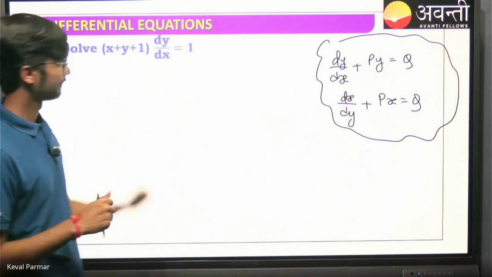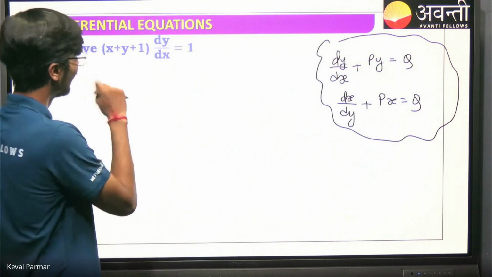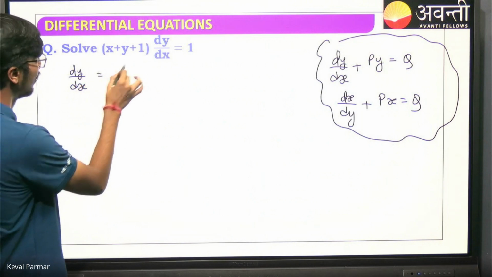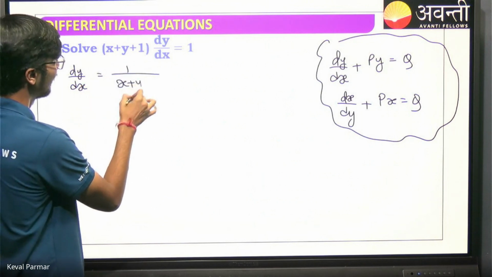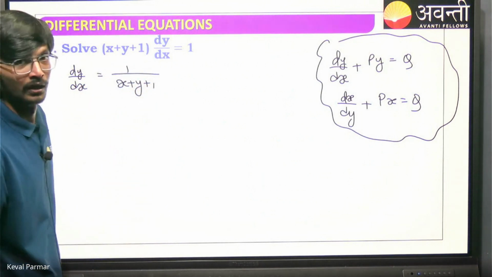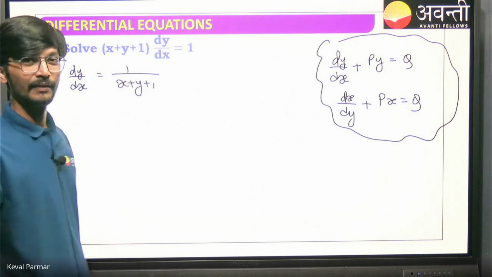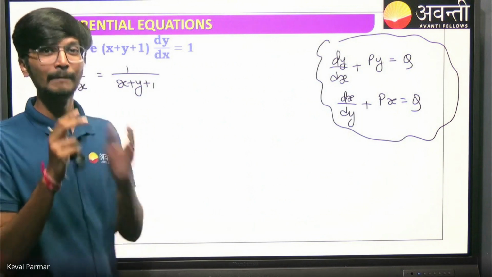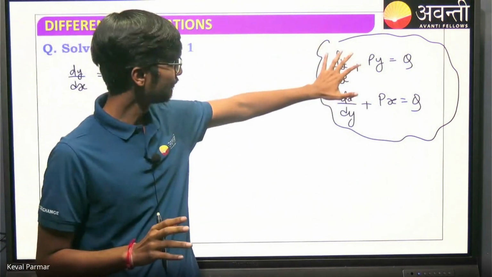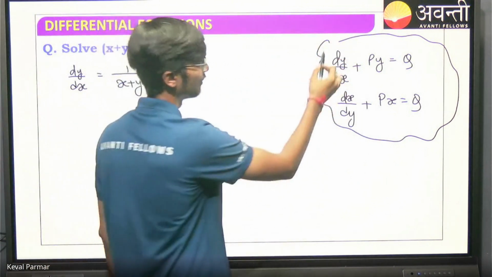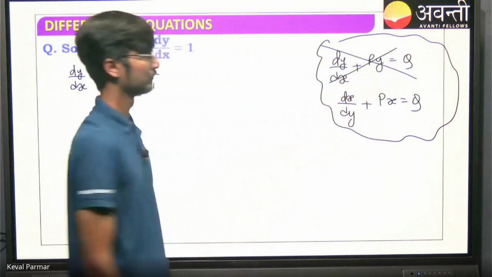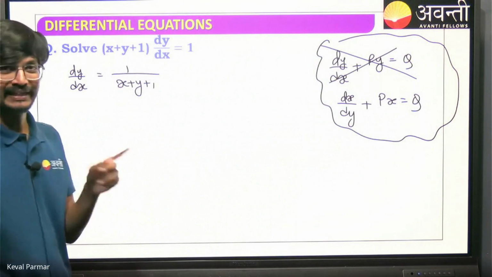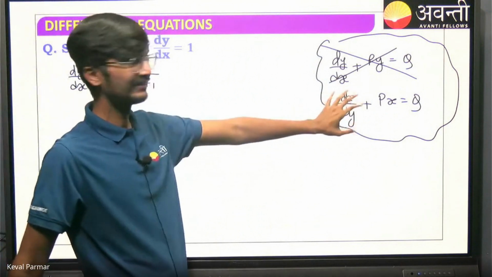So here, if I try to write dy over dx, it will be 1 upon x plus y plus 1. As you can see, the power of x is also 1, power of y is also 1, but the first format cannot be arranged. See clearly. So that means we have to arrange the second format.